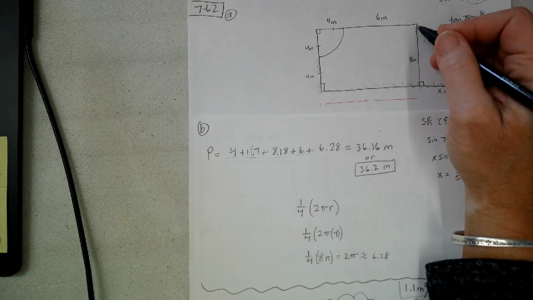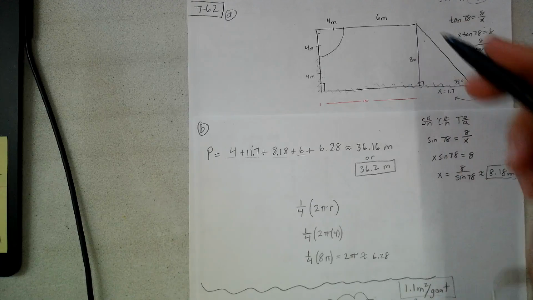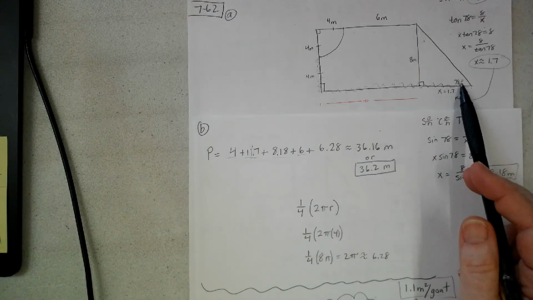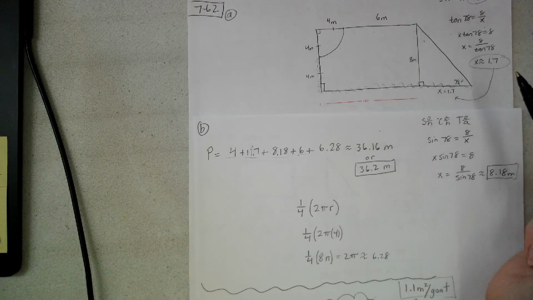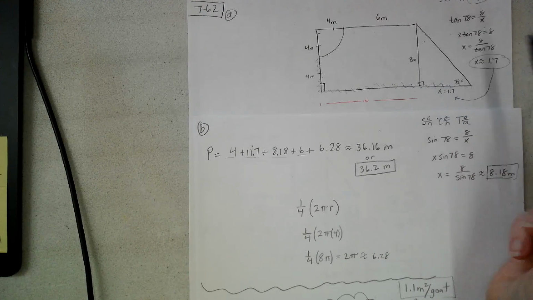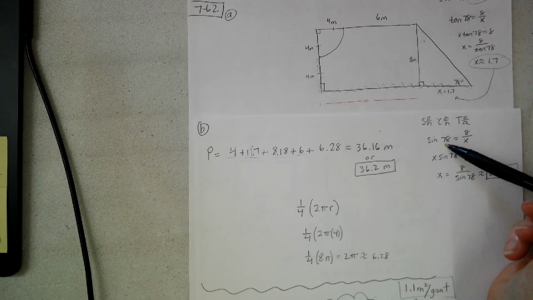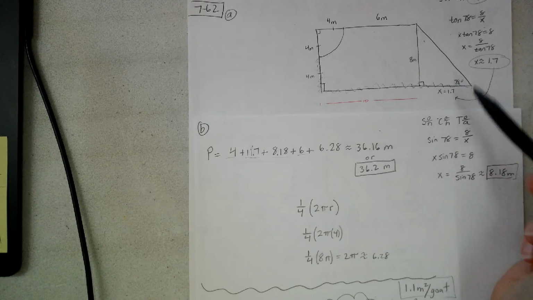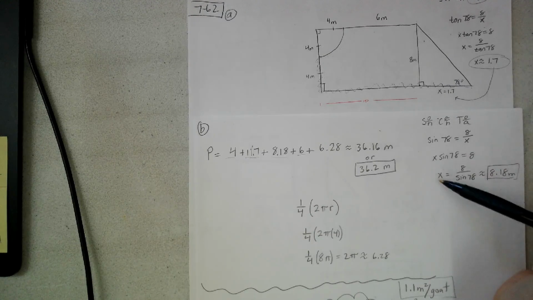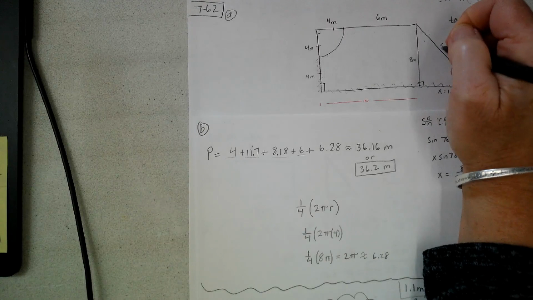Then 8.18. I didn't have this hypotenuse, so I got out my SOHCAHTOA, and I saw that I could do opposite over hypotenuse. So that's sine. So I did sine of 78 equals opposite over hypotenuse. So I called this x in this case. And I did all that math, and I got 8.18. So this was 8.18.